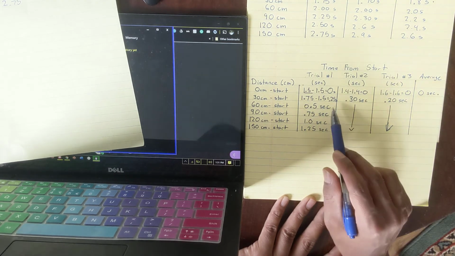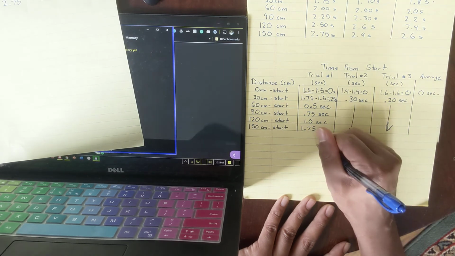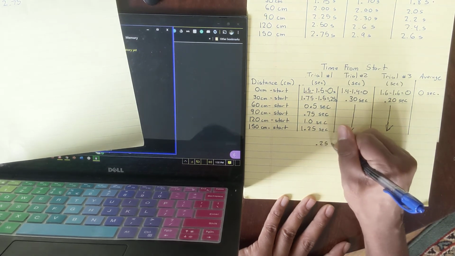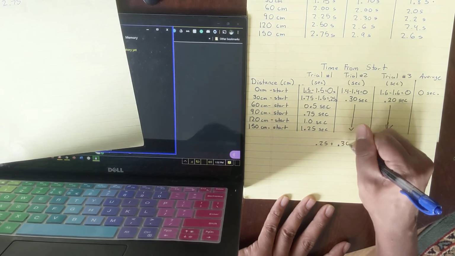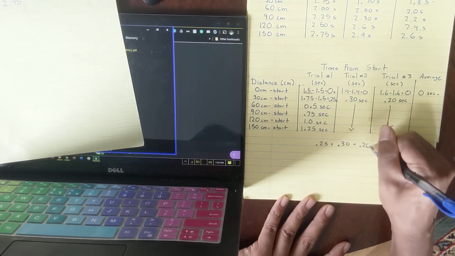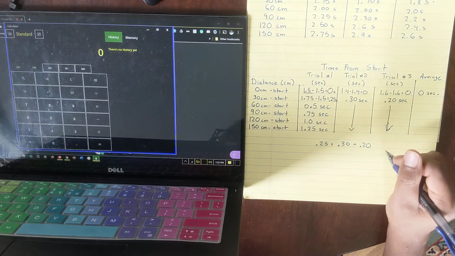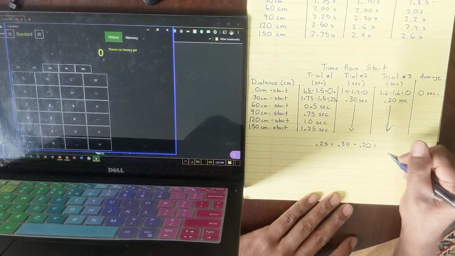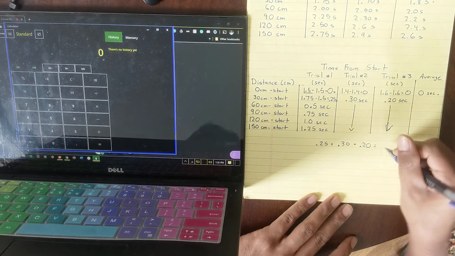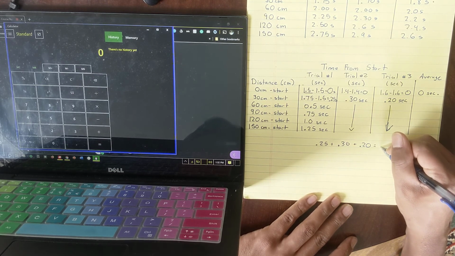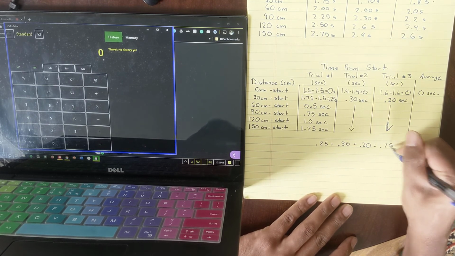In our second row, we've got 0.25 plus 0.30 plus 0.20. So that comes out to 0.75.